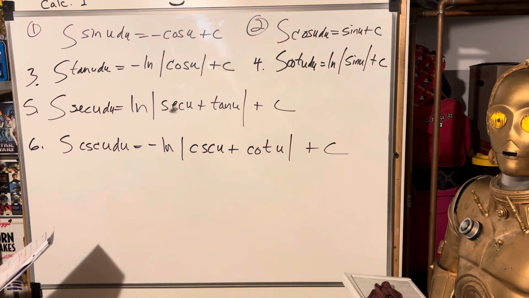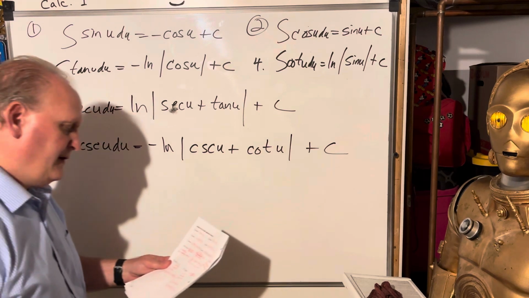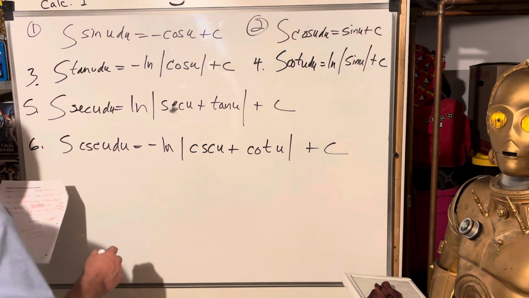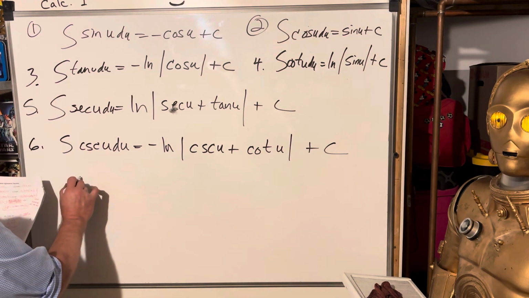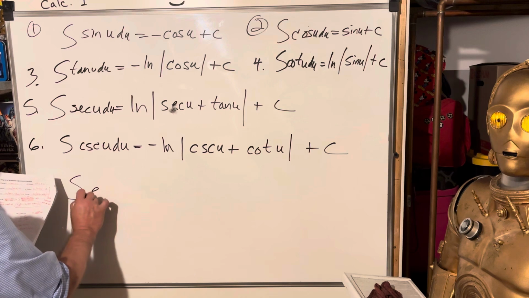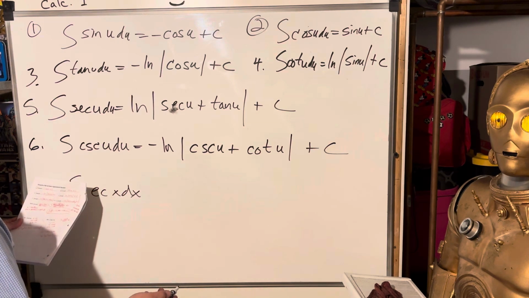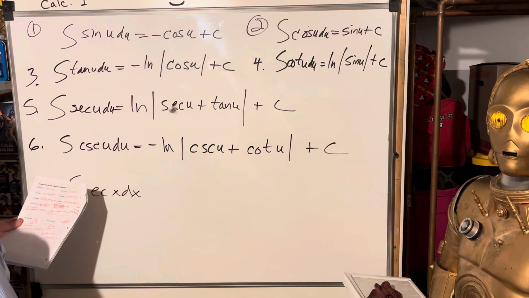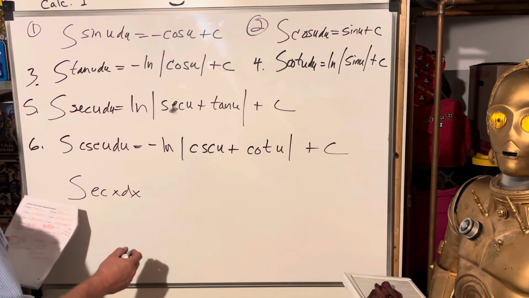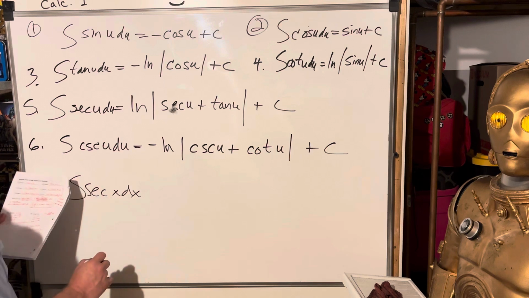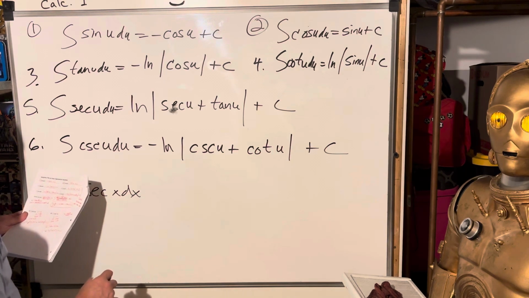All right, so then let's see what we have. Derive. Do the derivative of this. Okay, so the derivative, secant x dx, that's just going to be the integral of secant x dx.